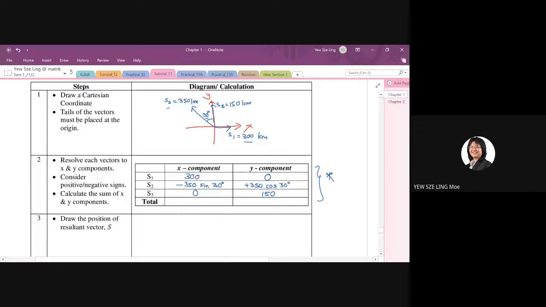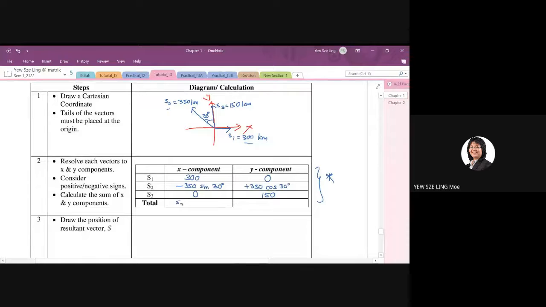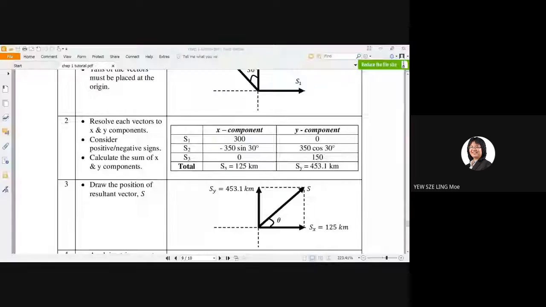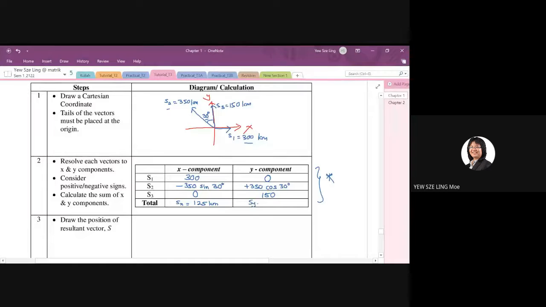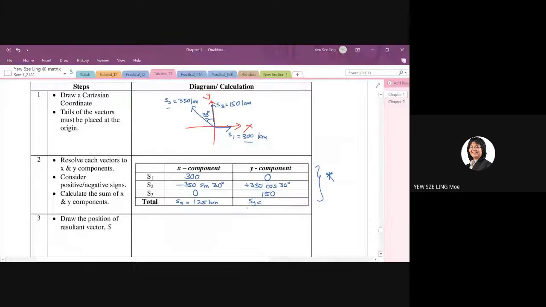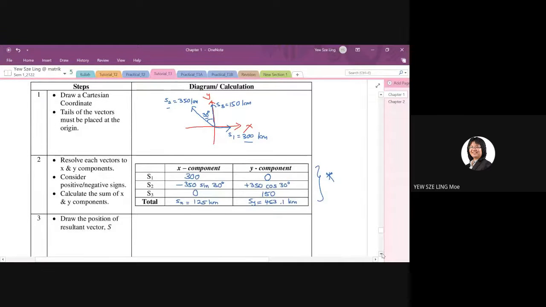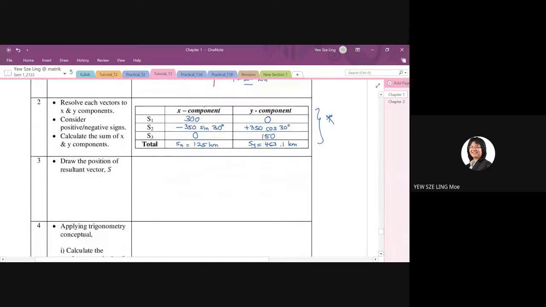So Sx, the resultant along the x component, is now equal to 125 km, and the y component Sy is equal to 453.1 km. So that is the table.